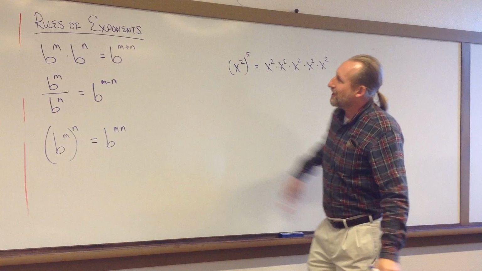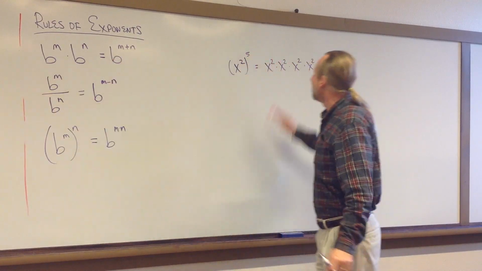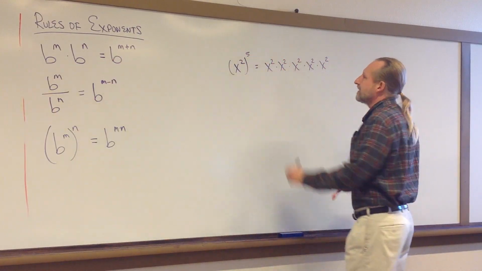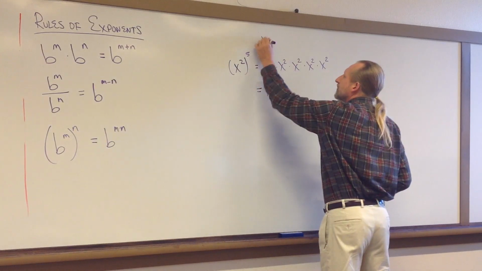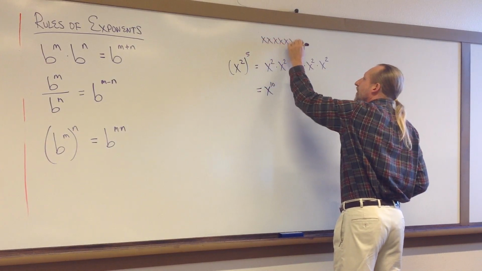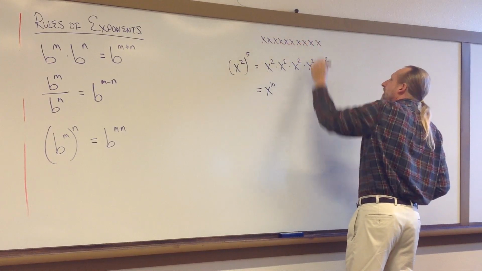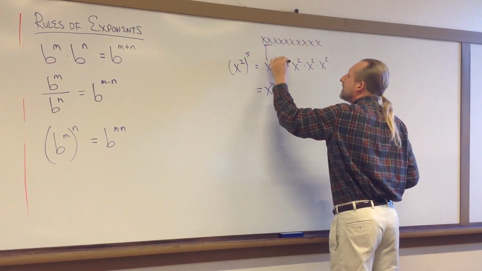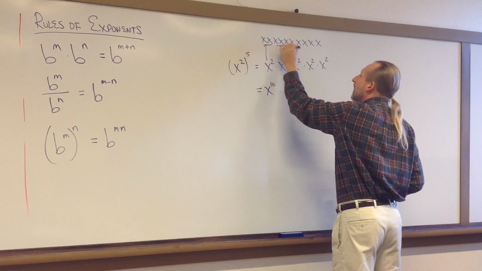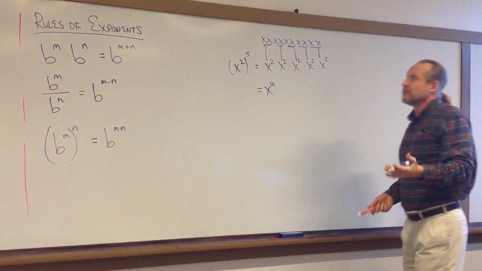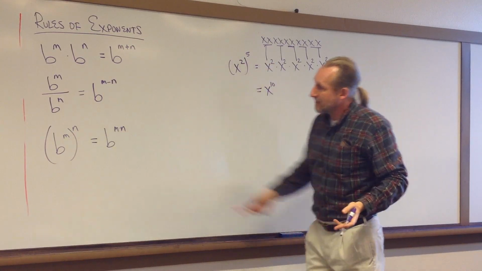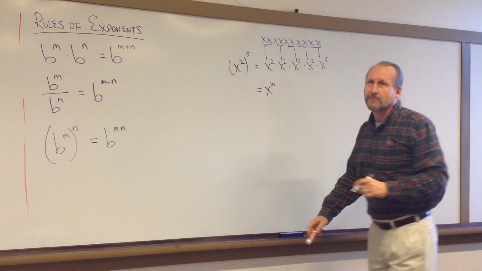And now we come back to this rule right here, 2, 4, 6, 8, 10. That's x to the 10th power. Each one of these is an x squared, and that means that now we have 10 of them. The easy way to do it is just to go 2 times 5 is 10. That's what this is saying right here.